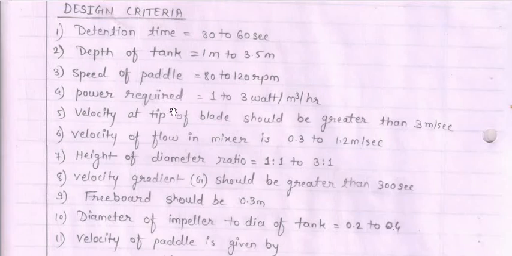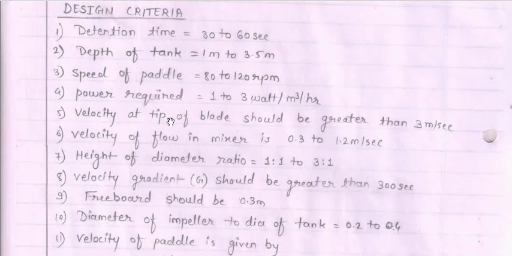The power required for the flash mixer to run is 1 to 3 watt per meter cube per hour. The velocity at the tip of the blade should not be greater than 3 meter per second. The velocity of flow in the mixer is 0.3 to 1.2 meter per second.